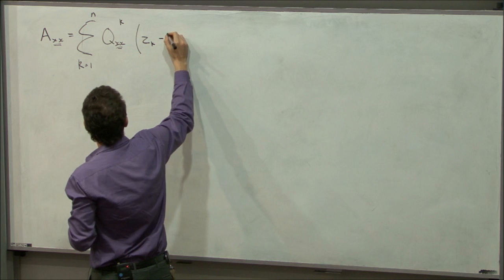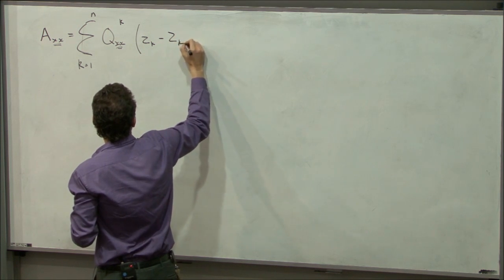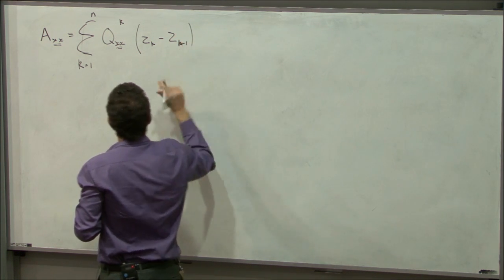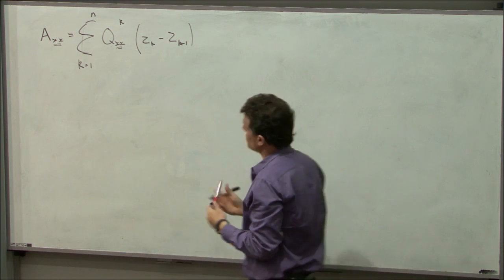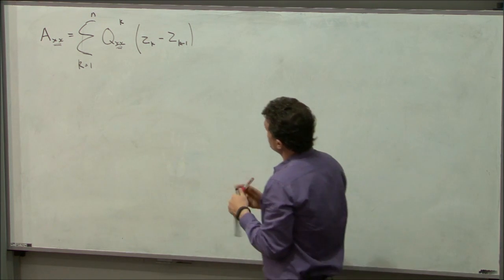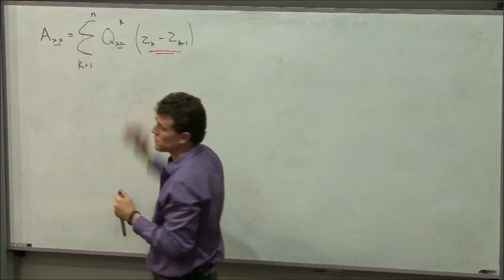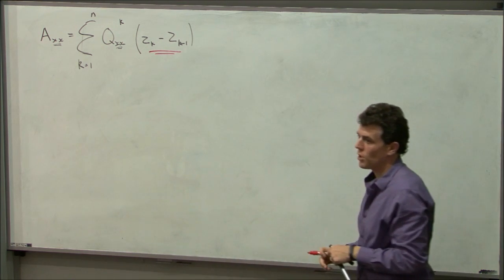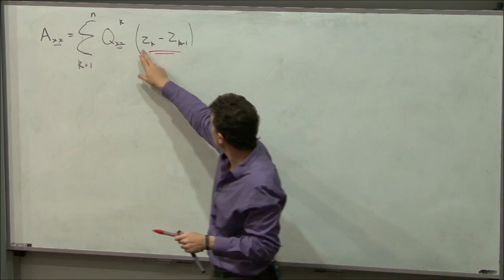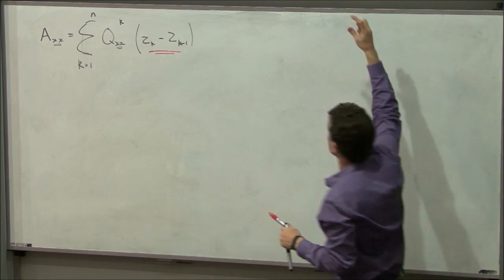It looks like a fairly complicated thing, but all this is just the thickness of each ply. Z1 minus Z0 is just the thickness of each ply.